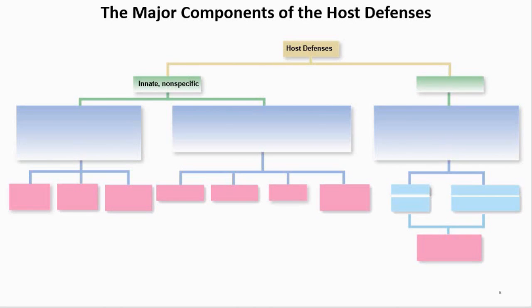And under that, we have the first line of defense, which is just our barriers. These can be either anatomical, like your skin, or physiological, like certain chemicals. For example, chemicals on your skin, like the acidity or the sebaceous secretions that resist colonization of bacteria and fungi and things like that.